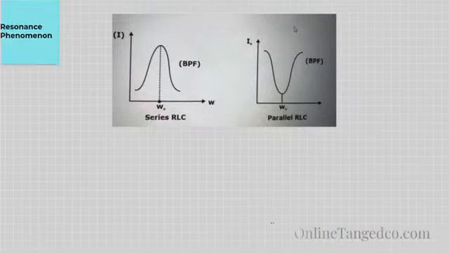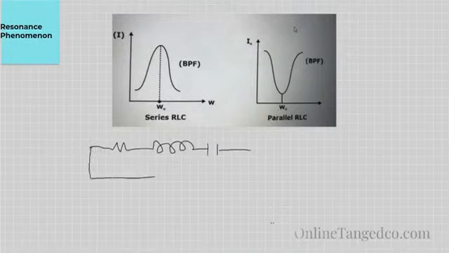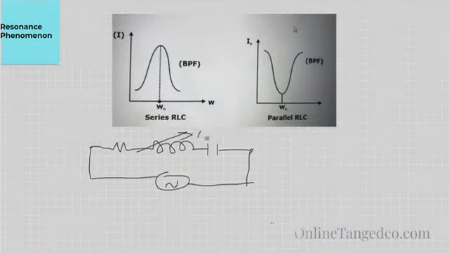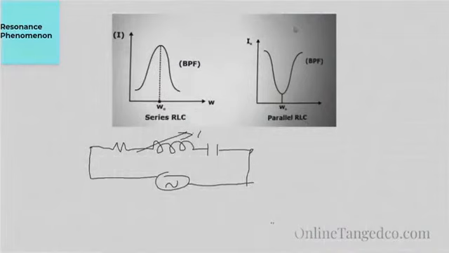Now, a series resistor, inductor, and capacitance circuit is there, and you are supplying it with a voltage source. Okay, so when you are supplying this with a voltage source, what will happen? The inductor and capacitor, they are energy storage devices.